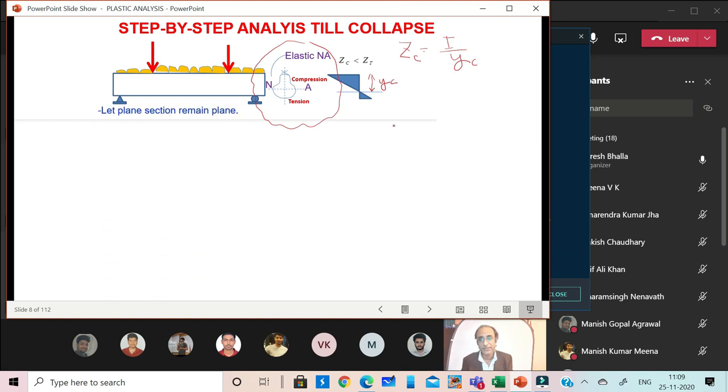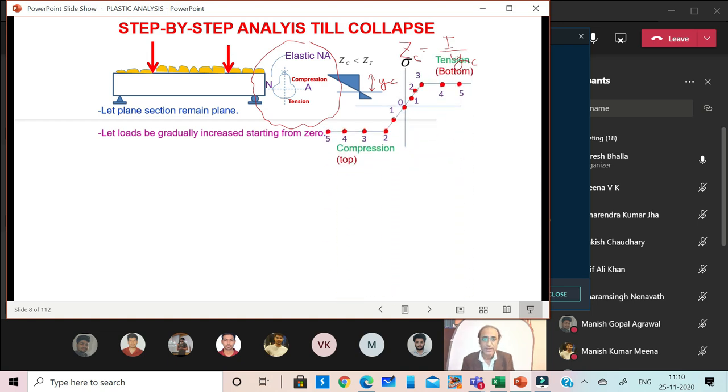We assume that plane sections remain plane, and further, let's increase the loads gradually. All the loads, the UDL and the point loads, are increased gradually by the same multiplication factor.